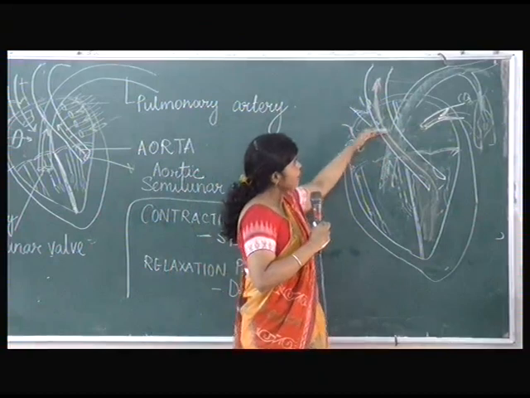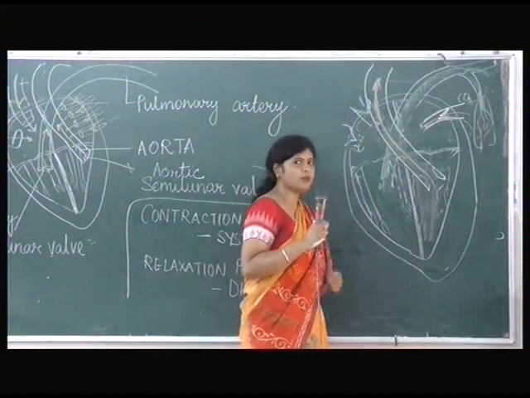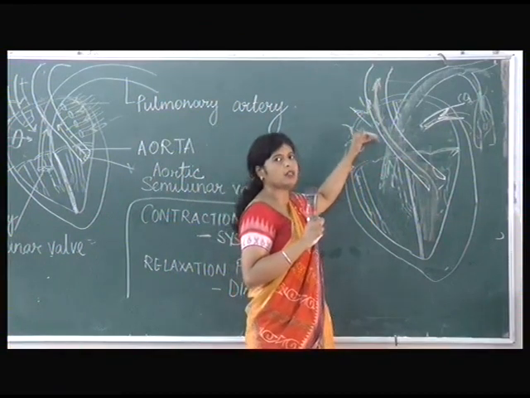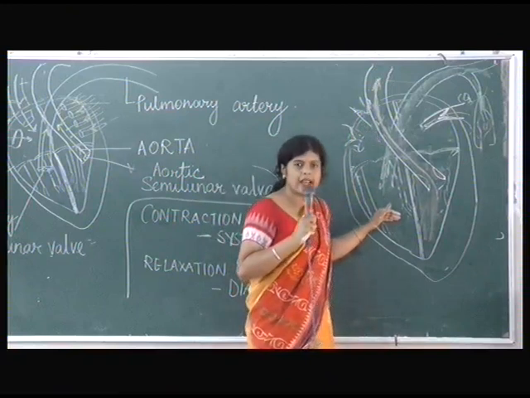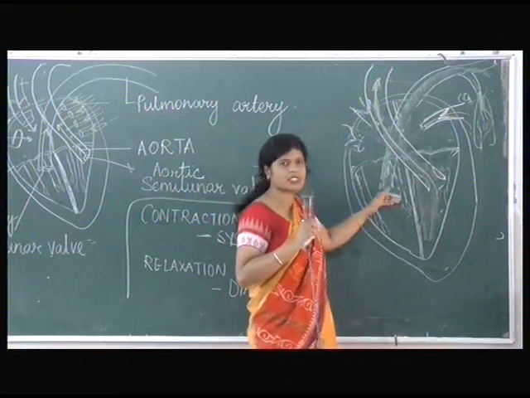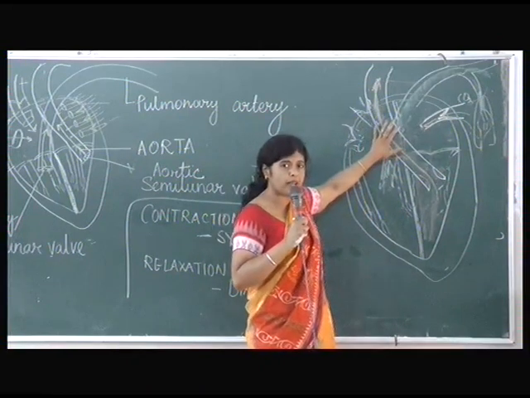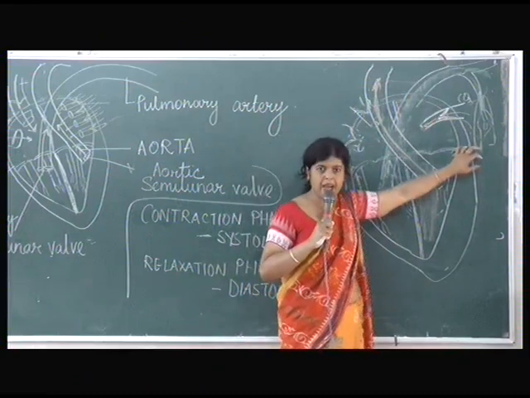How far are the auricles sending blood? Just to the next chamber, that is the ventricle. It is just next to it. Is it clear? So very little pressure has to be applied. So the auricular wall is comparatively thin.